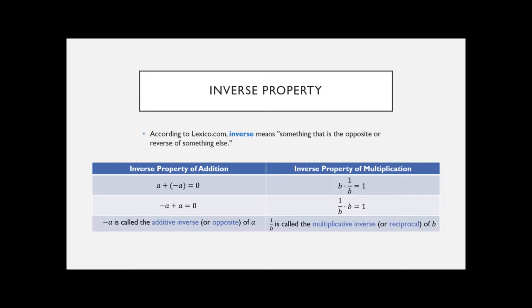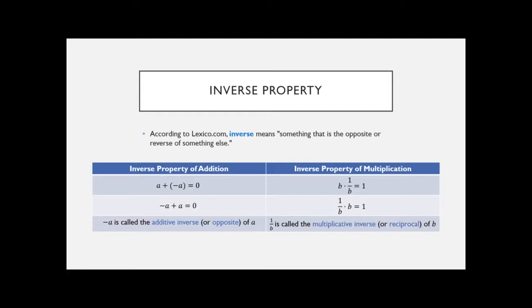Those will cancel out, and you're left with 1. If you have a fraction, the reciprocal is just flipping the top and the bottom, so you're just reversing what's on top and what's on bottom, going back to that definition of the inverse. And so the reciprocal is called the multiplicative inverse because it's the thing you multiply by to cancel out what you have.